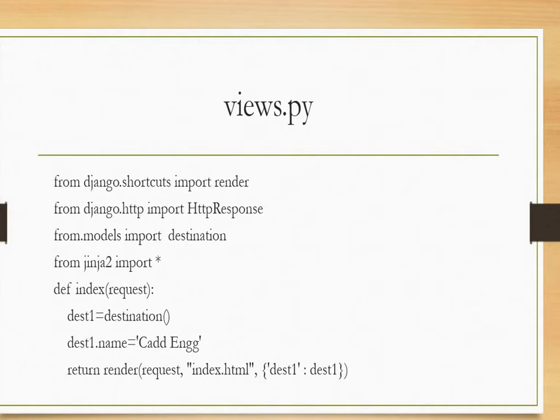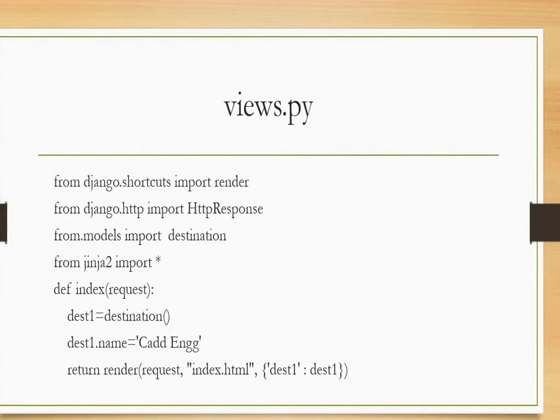So def index, dest1 is equal to Destination. The class was Destination. Here I am creating an object with the name dest1 and the class is Destination. So dest1.name is equal to cat engineering. Then return render(request, index.html, dest1), and dest1 is the value that I am passing.